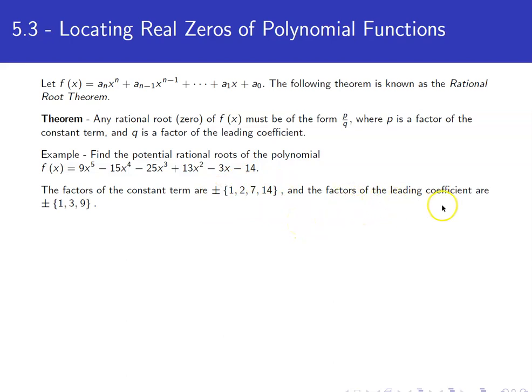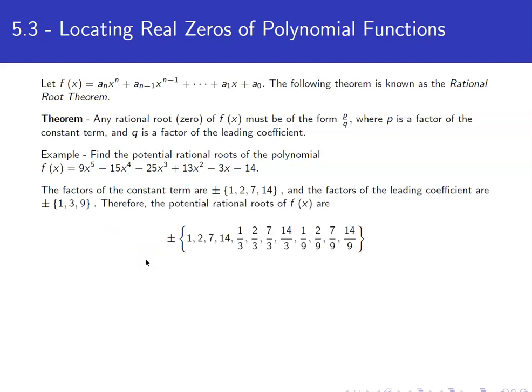Then the factors of the leading coefficient. The leading coefficient is 9. The factors of 9 are 1, 3, and 9, so we get plus or minus 1, 3, or 9. Now if we're going to make our list of potential rational zeros, remember these are going to be our possible numerators, and these will be our possible denominators. So we can do 1 over 1, 2 over 1, 7 over 1, 14 over 1. 1 over 3, 2 over 3, 7 over 3, 14 over 3. 1 over 9, 2 over 9, 7 over 9, 14 over 9.